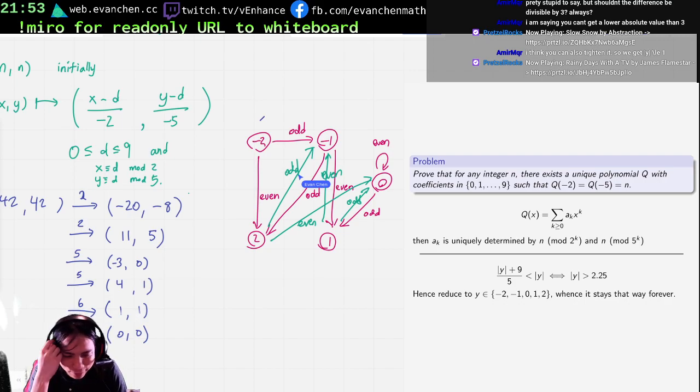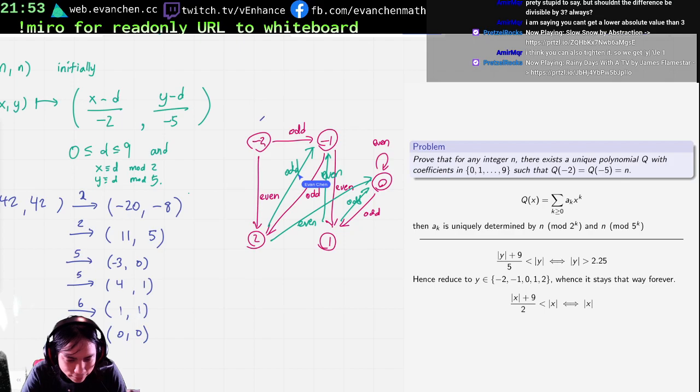Alright, this might require some cases. This is true as long as x is strictly less than -9 or greater than 9. So overall, there's a finite set of 19 times 5 equals 95 ordered pairs I care about, which is not what you want to hear, ever.